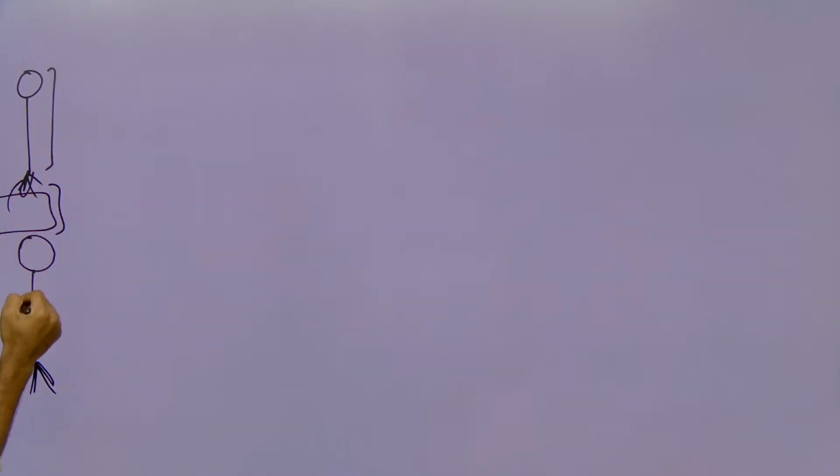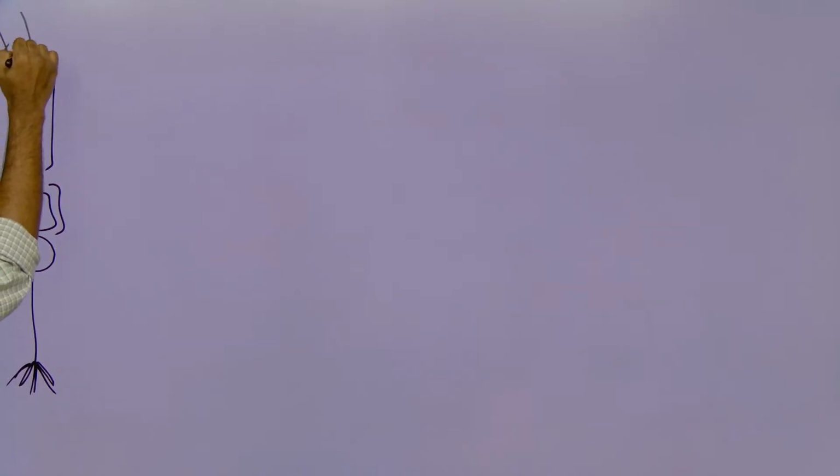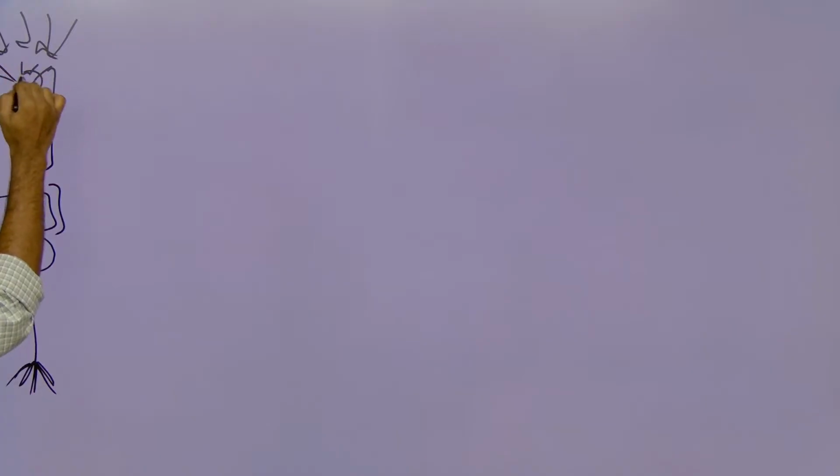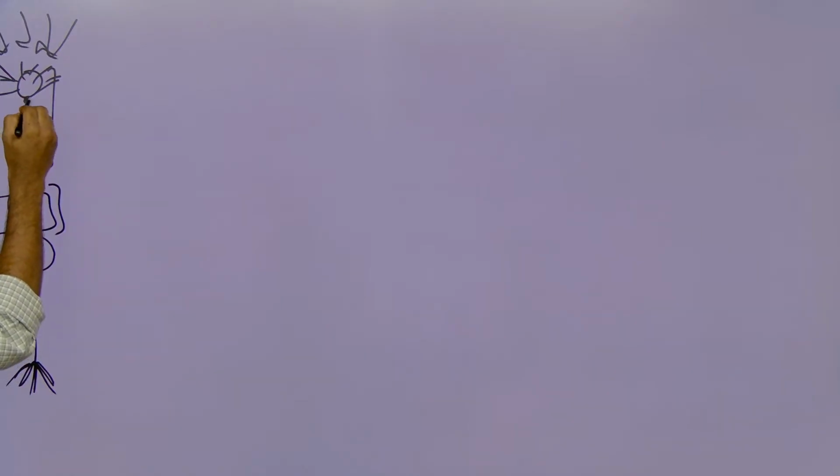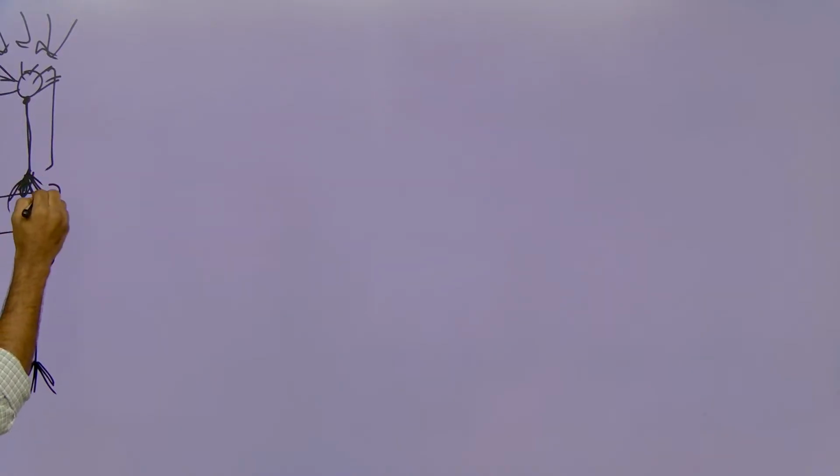For example, a nerve impulse was generated and the signal was received by this dendrite. This dendrite receives the signal and initiates it along this axon, and the signal reaches the synaptic knobs.